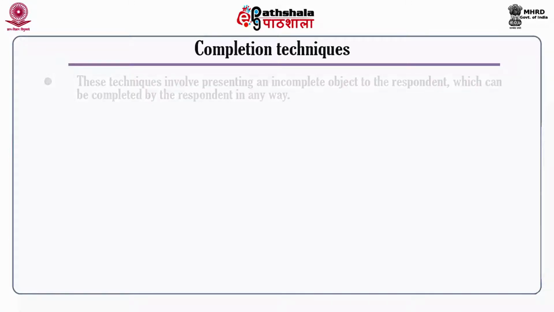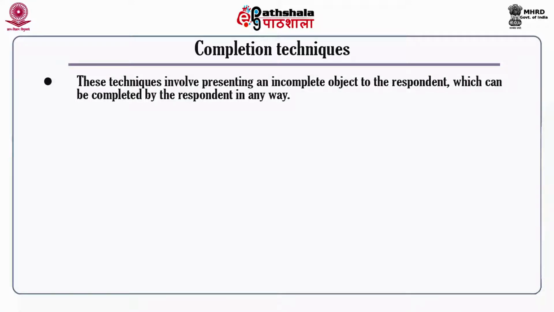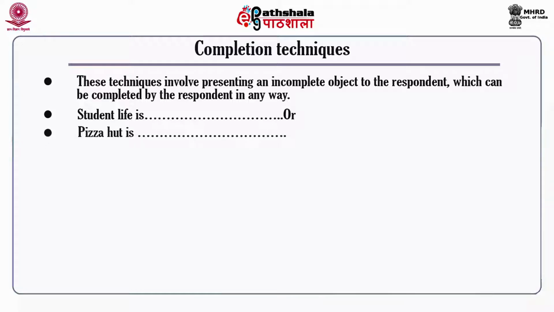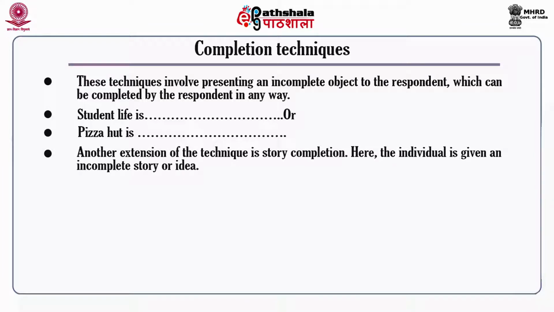Completion techniques. These techniques involve presenting an incomplete object to the respondent, which can be completed by the respondent in any way. For example, a student life is, Pizza Hut is. Another extension of the technique is story completion.